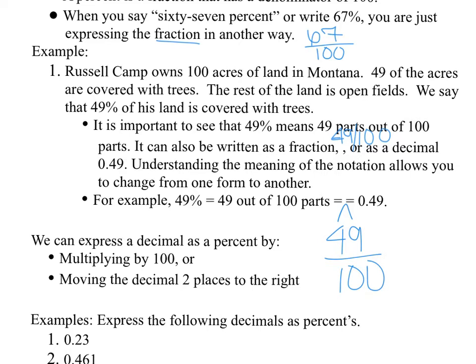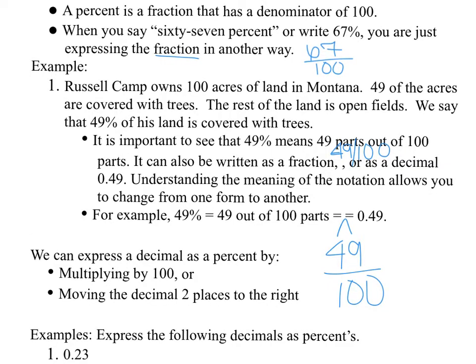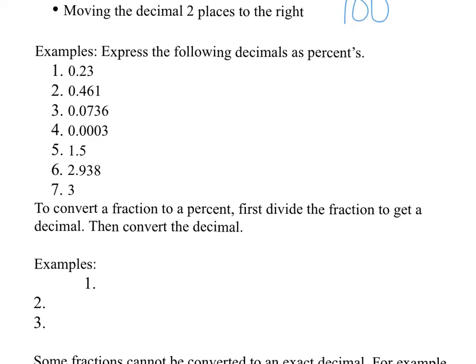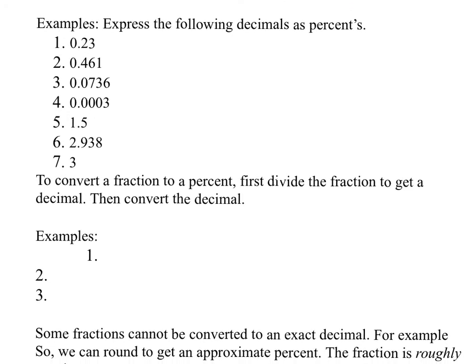We can express a decimal as a percent by multiplying by 100 or moving the decimal 2 places to the right. So let's take a look at some examples and write these decimals as a percent.